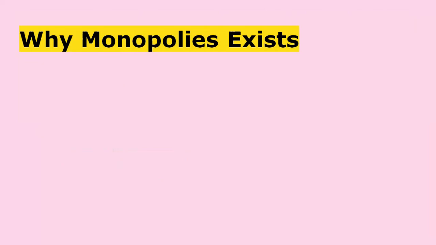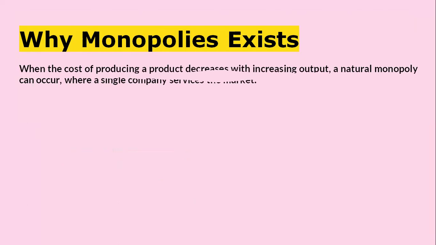Why do monopolies exist? When the cost of producing a product decreases with increasing output, a natural monopoly can occur where a single company services the market.